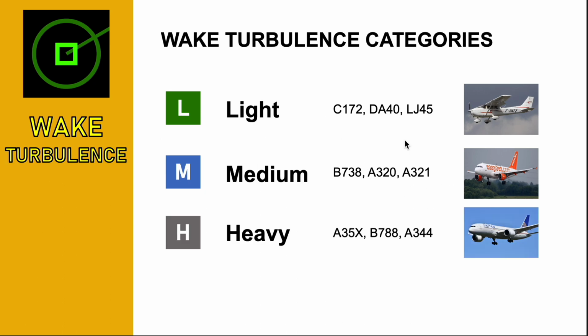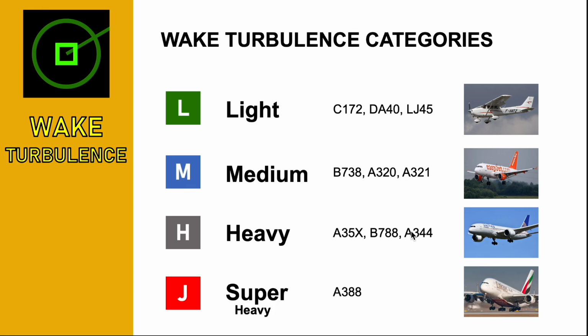Then you have the heavy. Of course, there are subcategories within the medium and the heavies, but the general category is heavy, and usually these are the Airbus 350, the Boeing 787, the Airbus 340, and similar sizes. And then you have the last category, which is the super, which is the Airbus 380 only. So this is the only plane that is considered super.